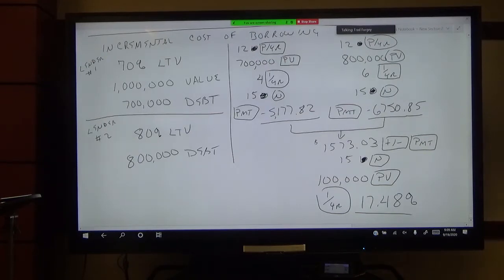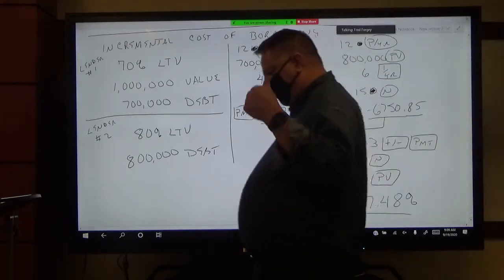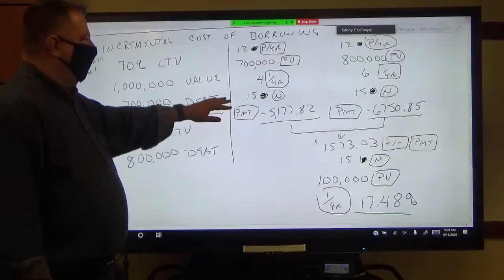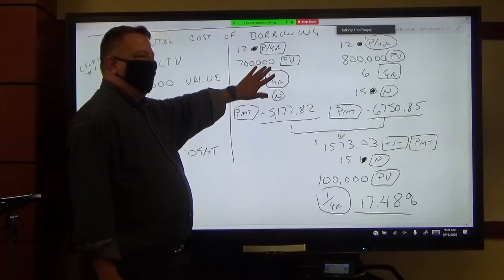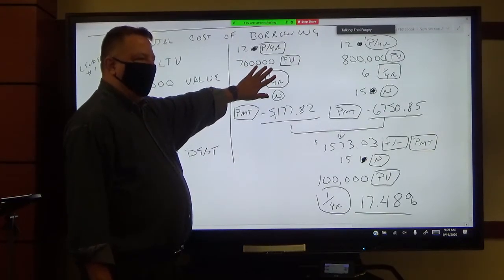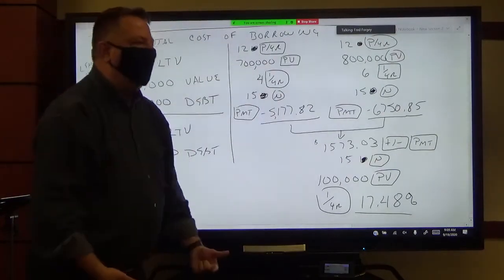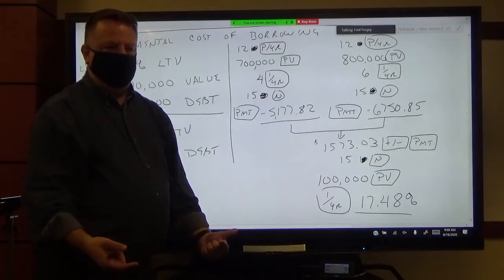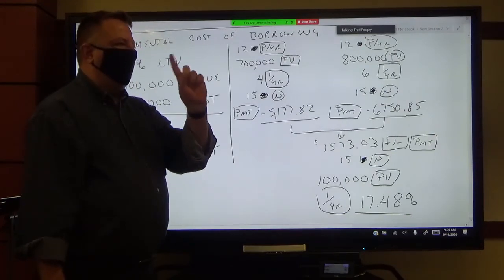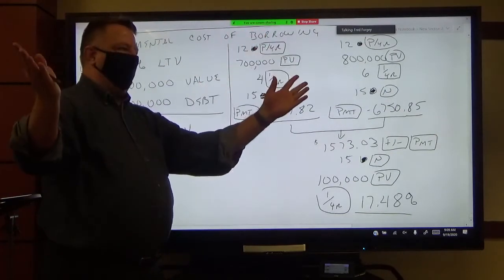The ideal circumstance now, knowing this, would be to say, hey, I want to go to lender one, get that 700,000 locked down, then find an alternative source of capital just for the extra 100,000, like a mezz player.